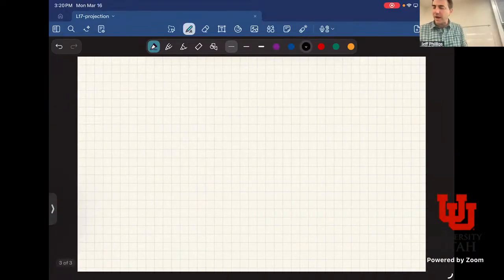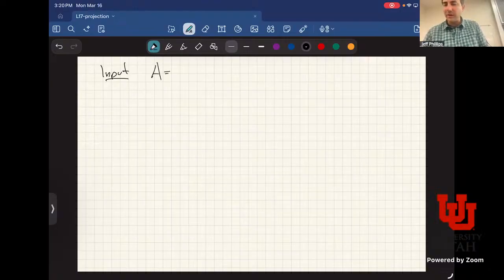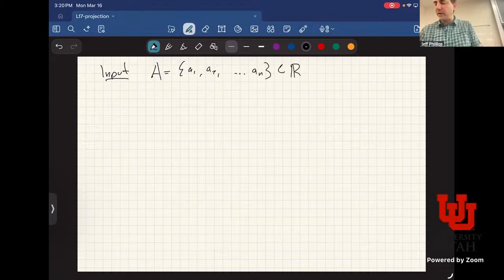All right, so let me go back and describe what sort of data we are talking about. Again, we're talking about input. We'll say A is going to be our data, and we'll think of this as a set of n data points, each in R^d.